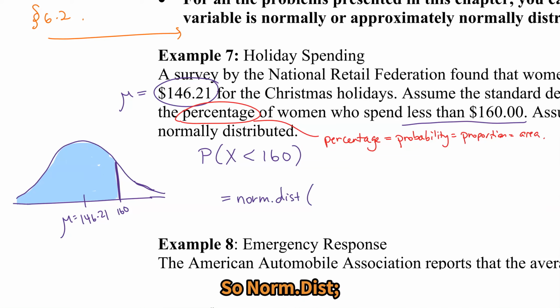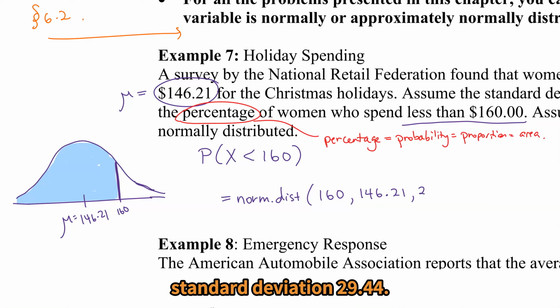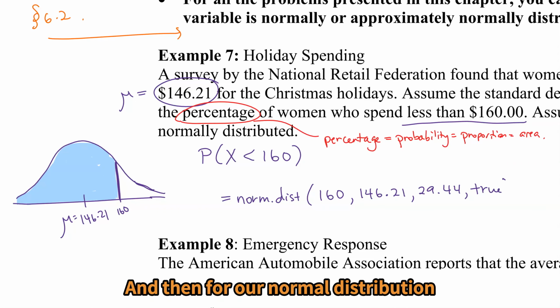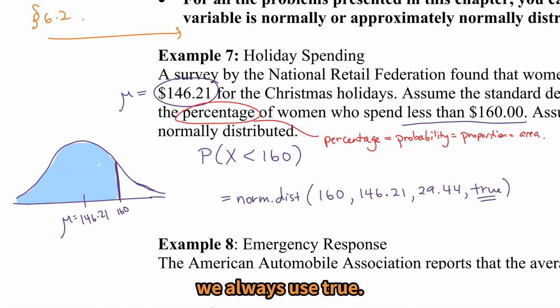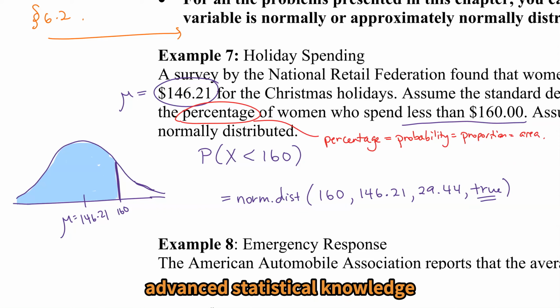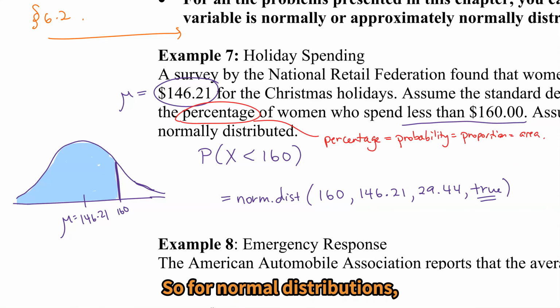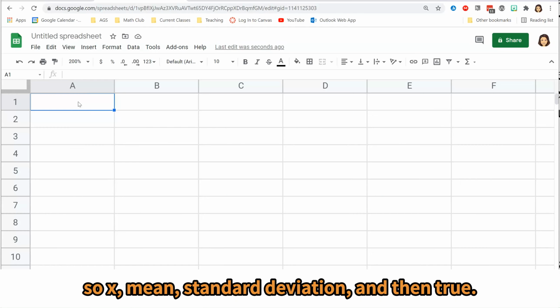So norm.dist, we'll put in our x value 160, our mean 146.21, standard deviation 29.44, and then for our normal distribution we always use true. Using false takes a little bit more advanced statistical knowledge than what we're going to cover in our class. So for normal distributions we only ever use true.